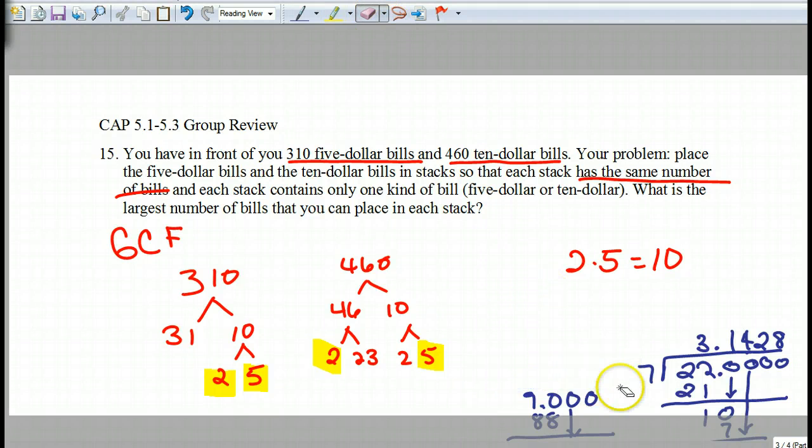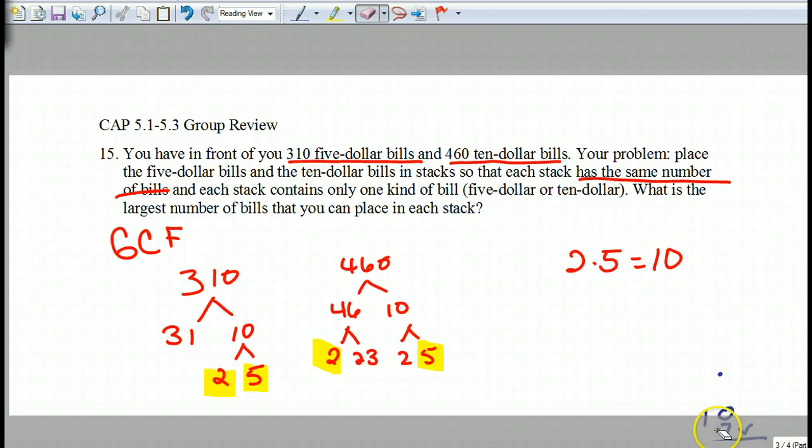All right, so now I want to talk to you guys about how to do this one. This one was worded in a way that kind of threw people. But basically what it's asking you, it's saying, how many equal stacks can I make for both the 5s and the 10s? It needs to have equal amount of bills in each stack.